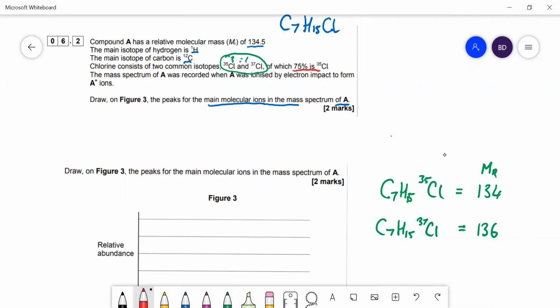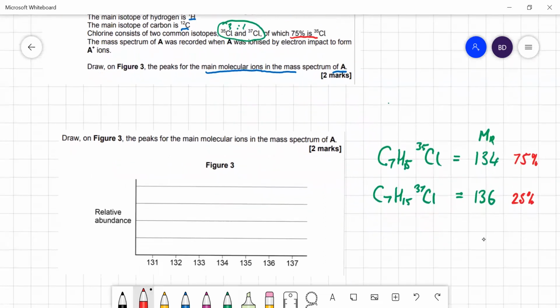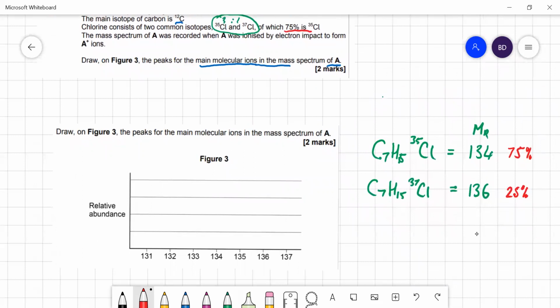So that's 3/4. So that means only 25% is that one. So on our graph, we need to draw 2 peaks, one at 134 and one at 136.